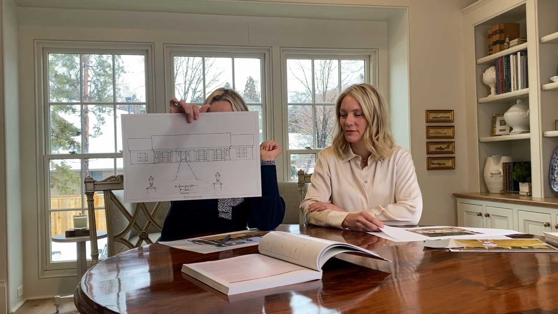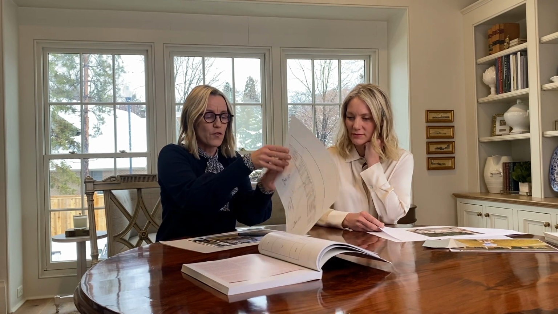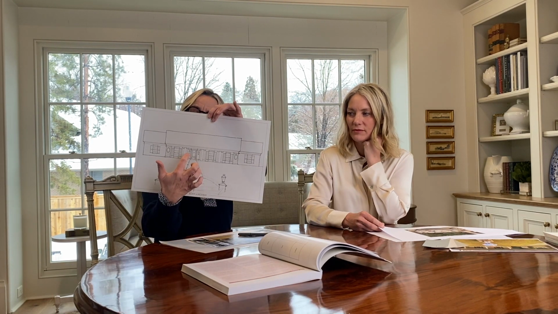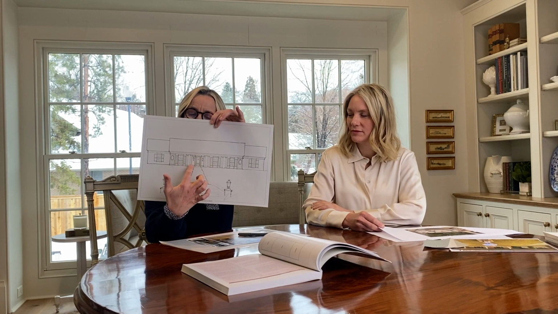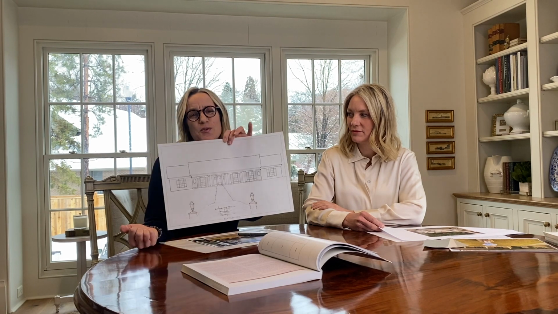The front entry is celebrated on the front elevation by framing the front door with two columns and paneling that fills in between those columns, and then a wonderful front door in the center.